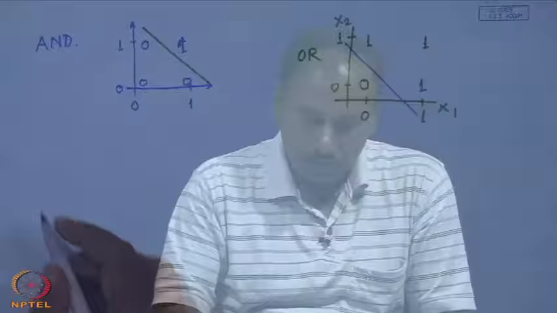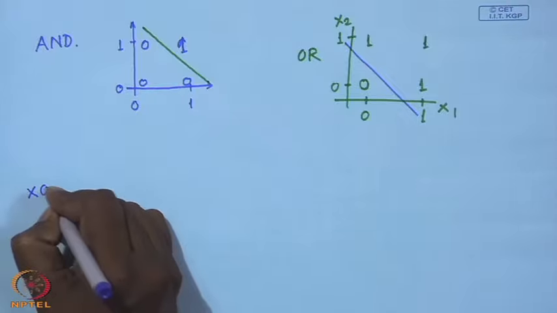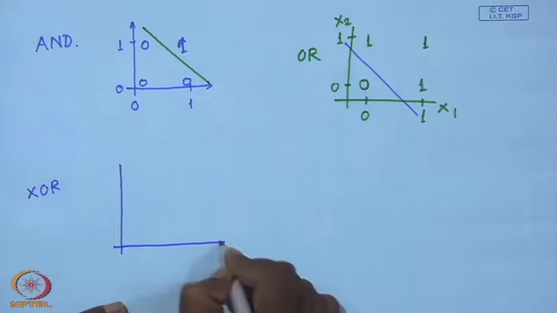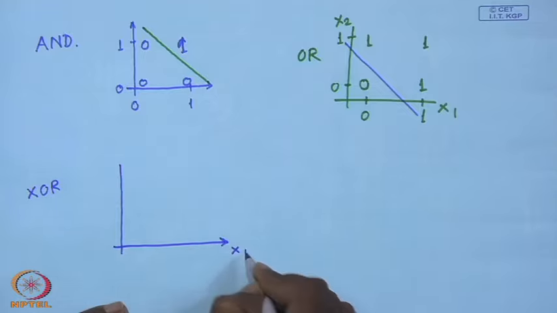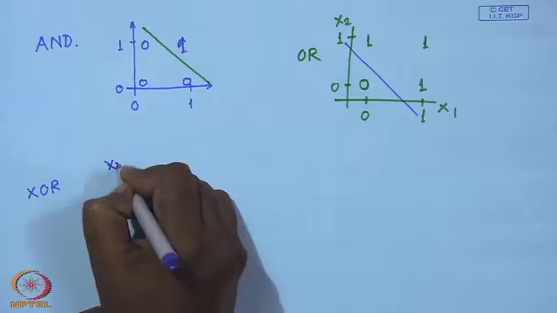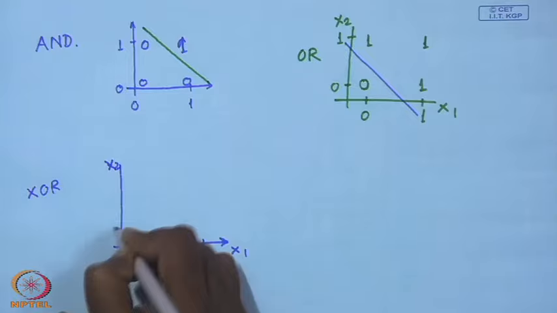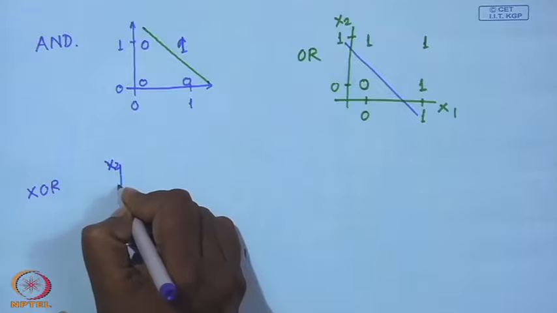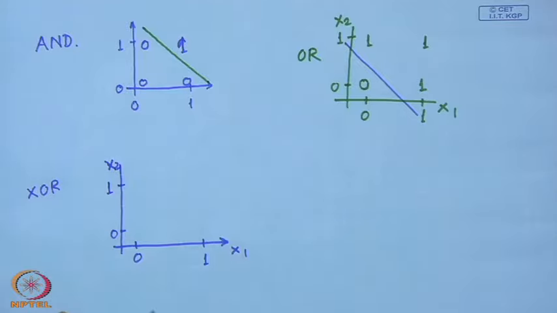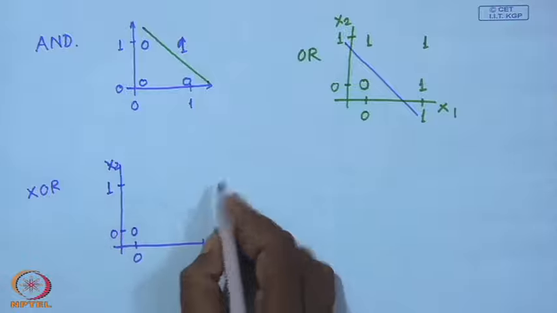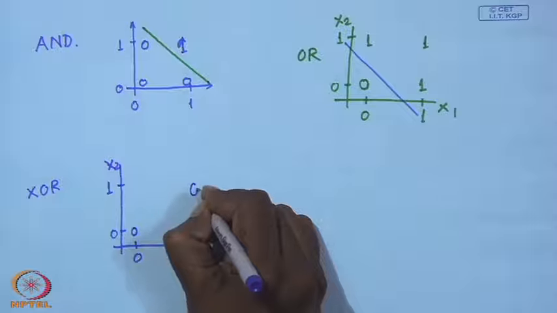But we have faced difficulty in the case of the XOR function. If I put it in the same fashion, I have x 1, x 2, 0, 1, 0, 1. When the input is 0, 0, the output is 0. When the input is 1, 1, the output is also 0.